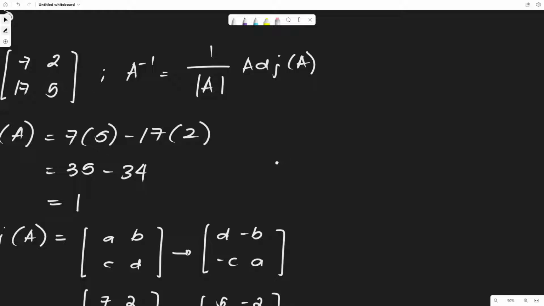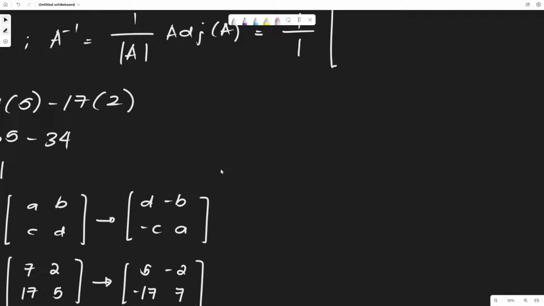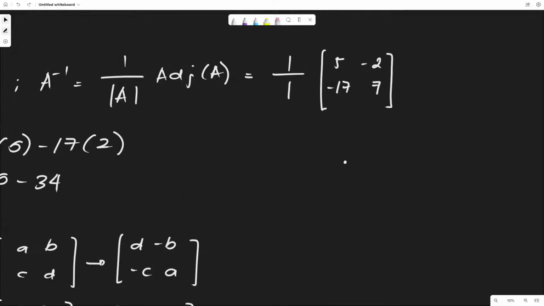So we have here 1 over 1 multiplied by 5, negative 2, negative 17, and 7. Okay? That's how you get the inverse. Simply, this is our inverse.